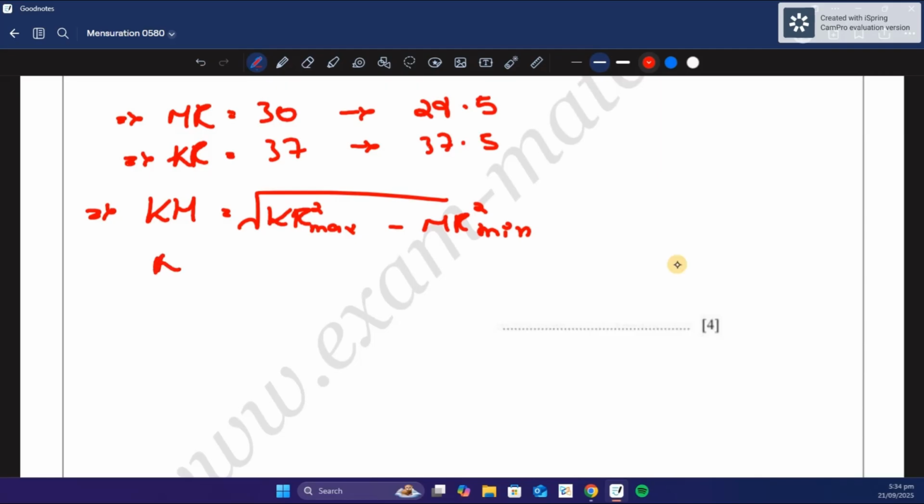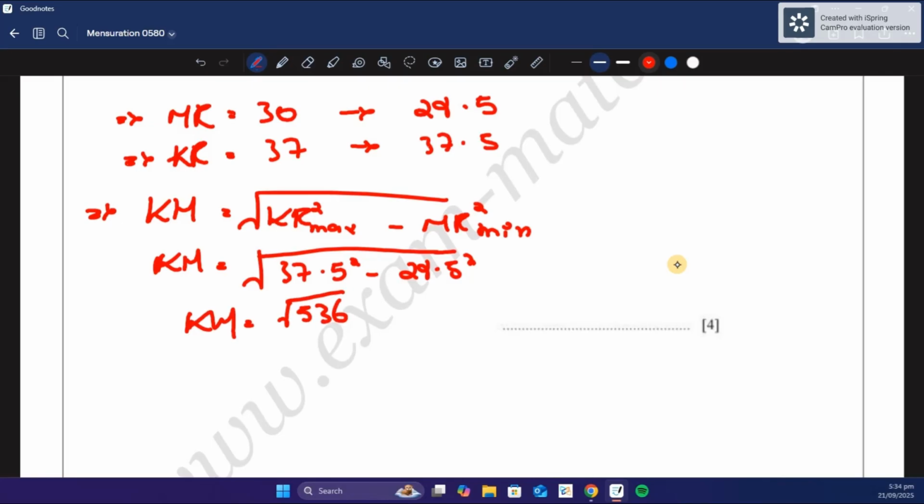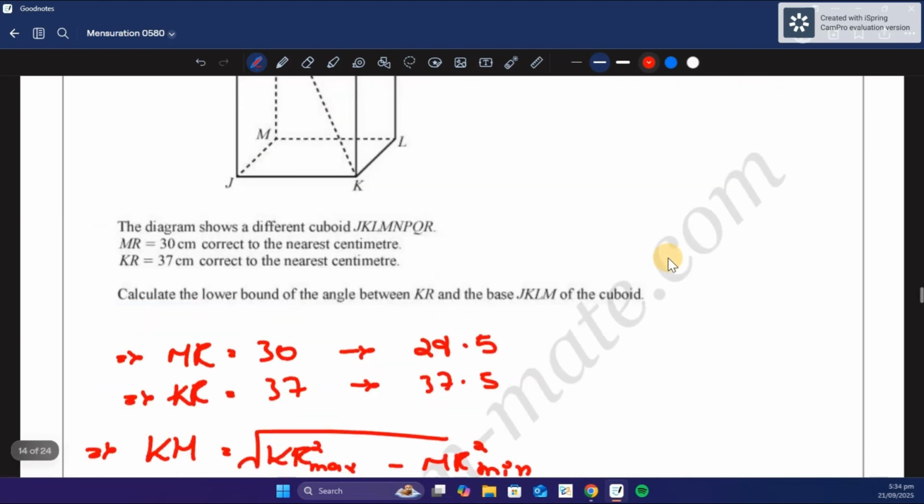So that should give us 37.5 squared minus 29.5 squared, and this would give us 536, bringing our final answer to 23.15. Now we need to find the angle.